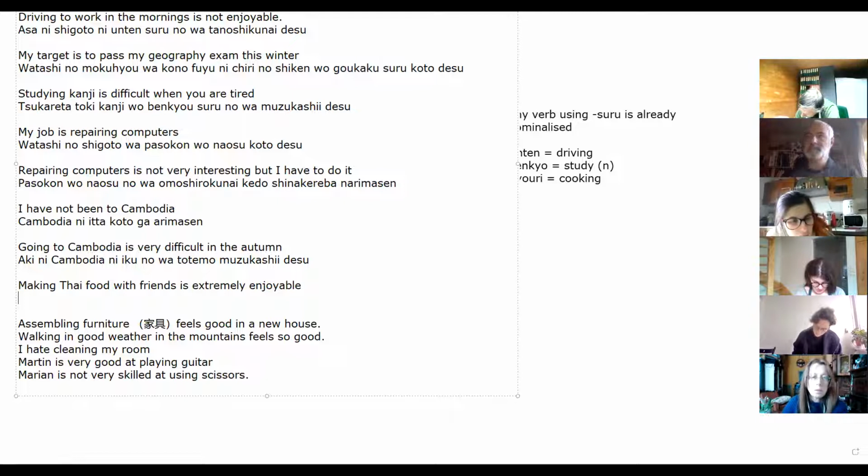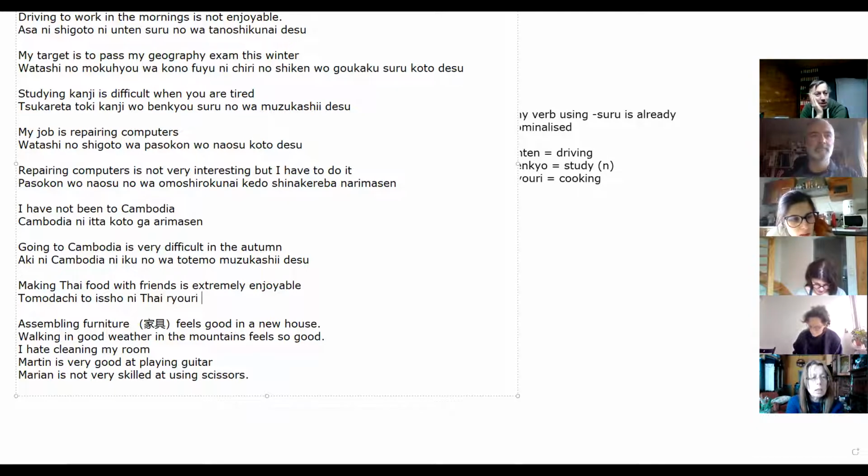With friends, okay. 友達と一緒に、タイ料理を. Extreme, 大変, no, 大変 is negative. You can use Taihen in the affirmative as well, actually. Yeah, I thought it was just for negative. Often, but you can use it. Okay.